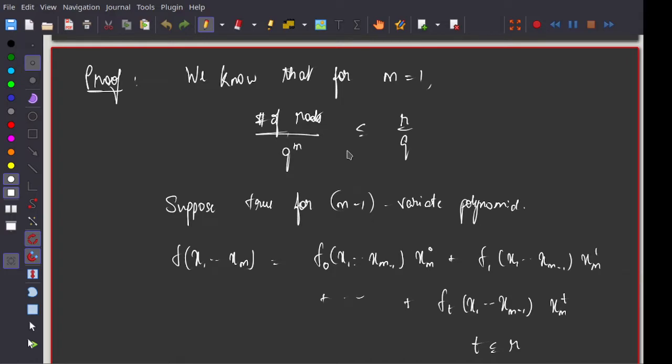Since the minimum Hamming weight essentially corresponds to the number of roots of any general polynomial in m variables, we picked a random point and tried to find the probability that the polynomial evaluates to 0 at that random point. And we saw that that probability is at most R over Q.